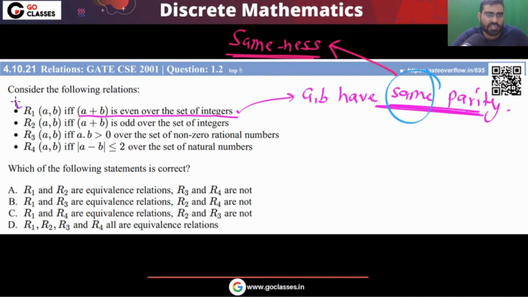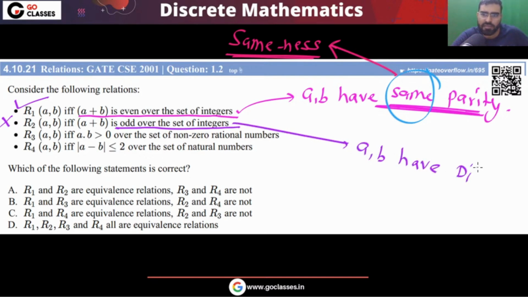You can notice this is an equivalence relation, but this one is not an equivalence relation. Why? Because it means A, B have different parity. So you can check that this is definitely not an equivalence relation. Why is this not an equivalence relation? Tell me.